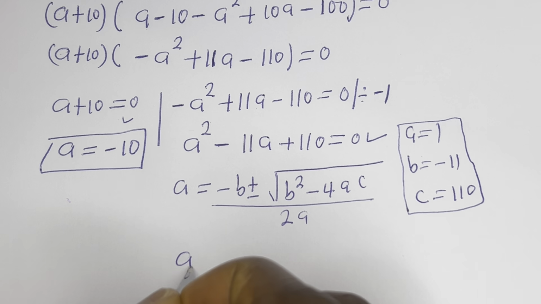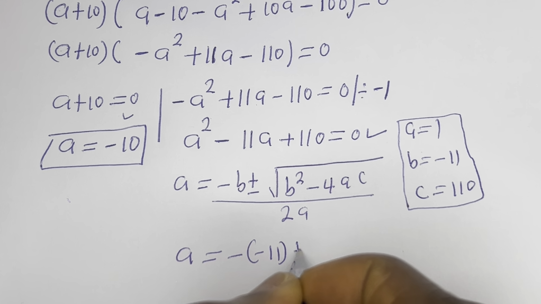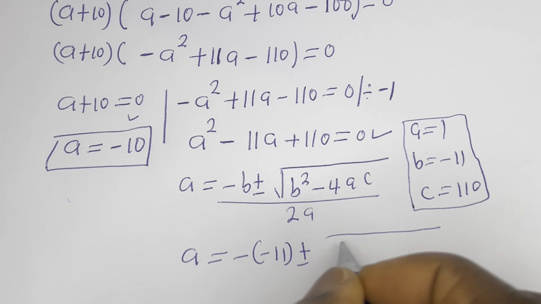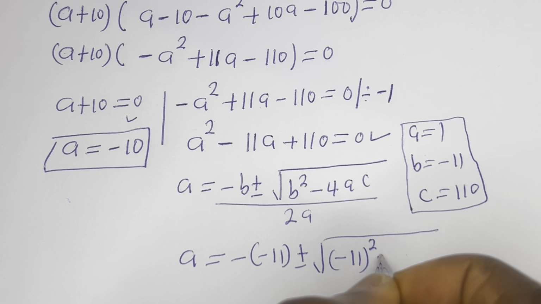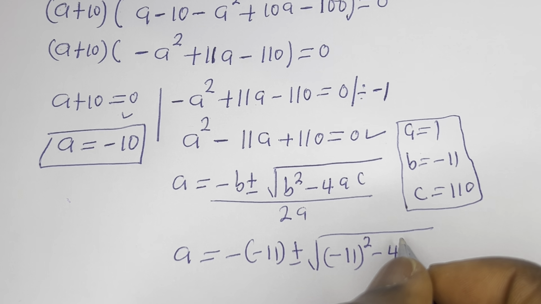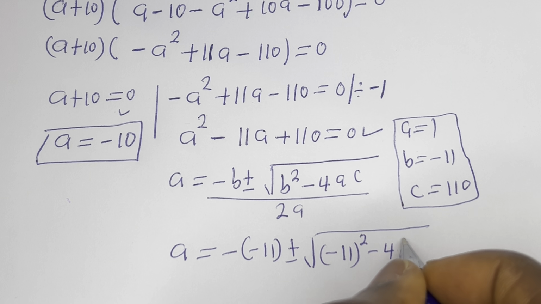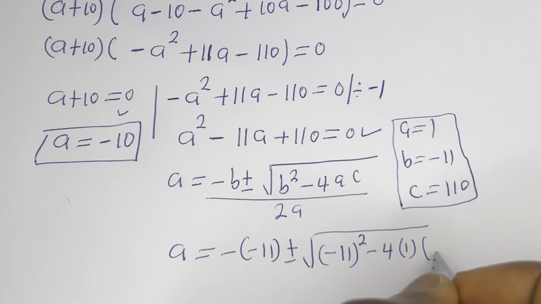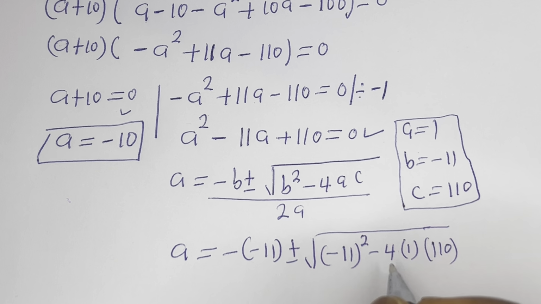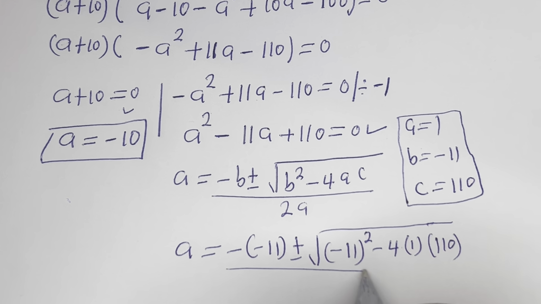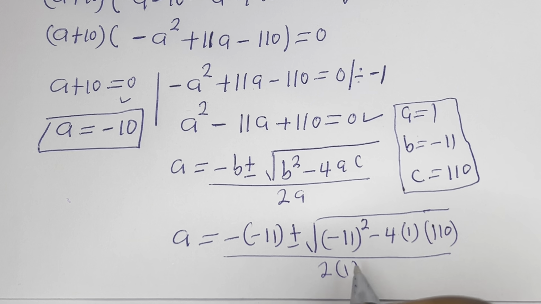Then a is equal to minus bracket minus 11 plus or minus square root of minus 11 squared minus 4 multiplied by 1 multiplied by 110, then everything divided by 2 multiplied by 1.